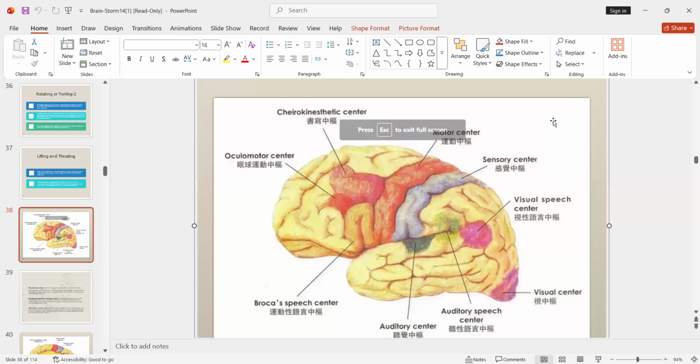It is the motor area, and it is precentral gyrus and postcentral gyrus.